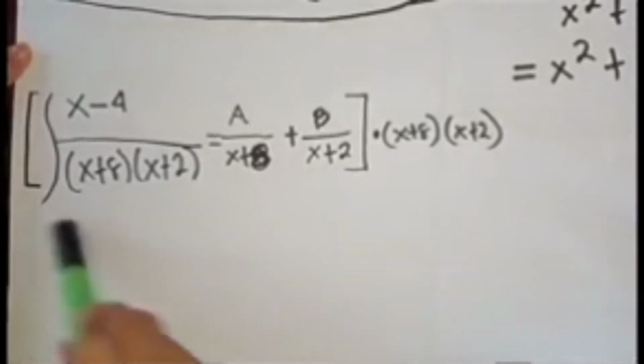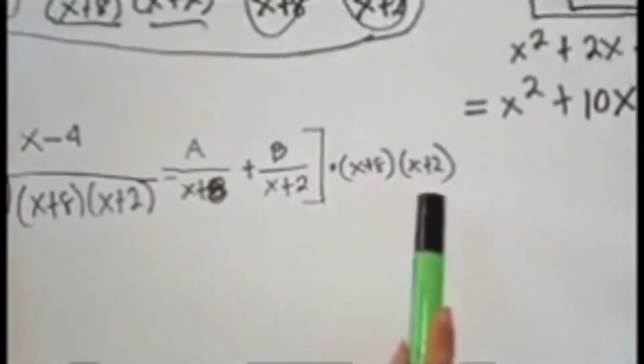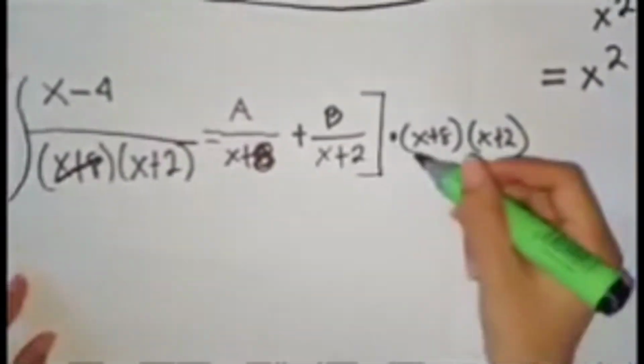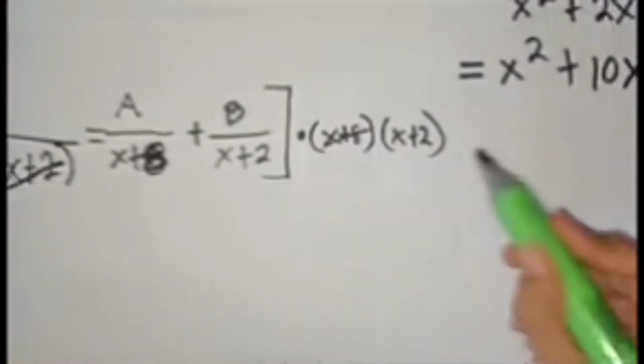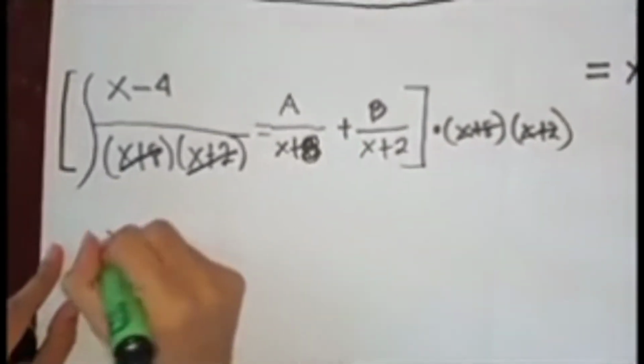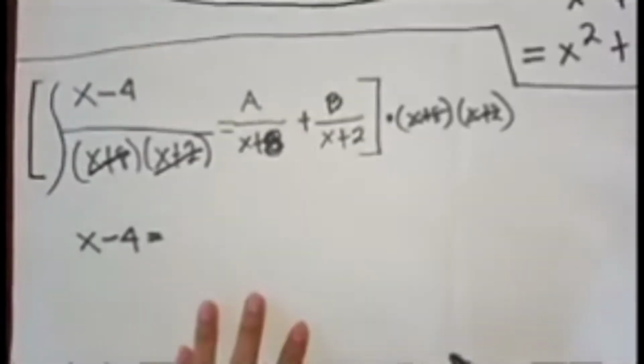Now, x plus 8 will be cancelled, and it will be cancelled also here. X plus 2 will be cancelled, and it is also cancelled here. Now, x minus 4 will be left.